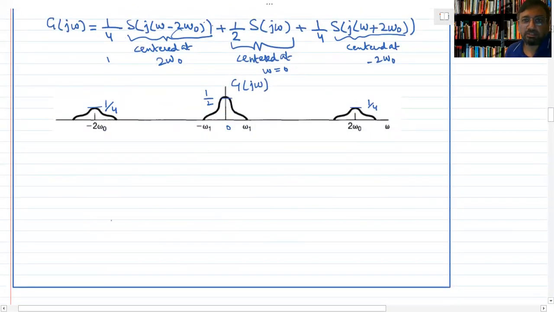Now, having come this far, we can recover the original signal with the help of frequency selective filtering.